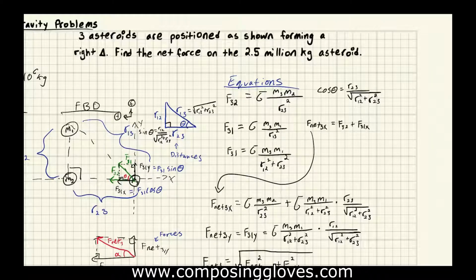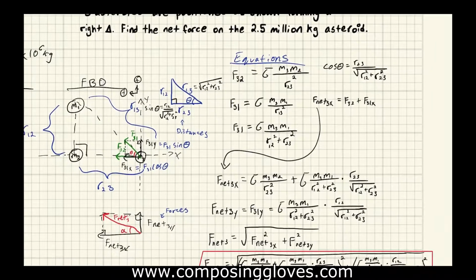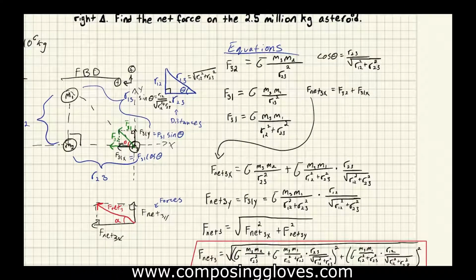So let's figure out what this is by referring to our Fnet. How do we find Fnet 3? This Fnet is not the same thing as F31; this is the net force. What is the net force on our object 3 on the x-axis? That's what the 3x is.